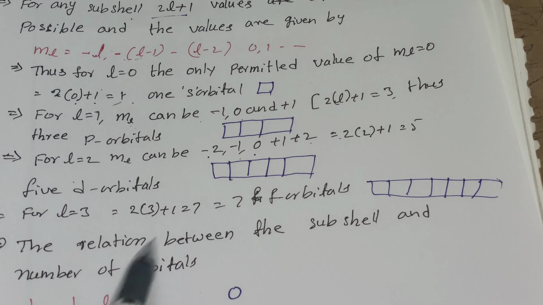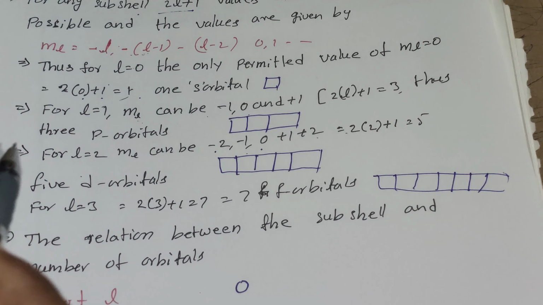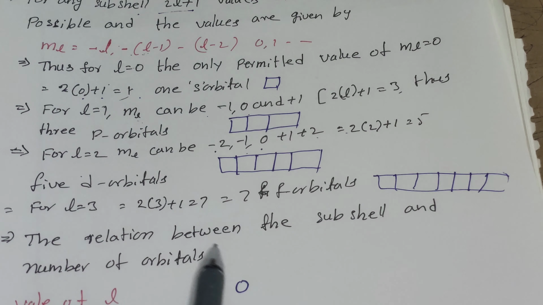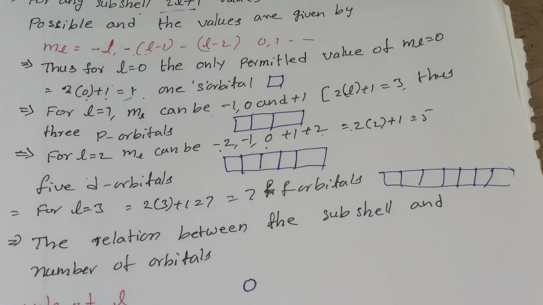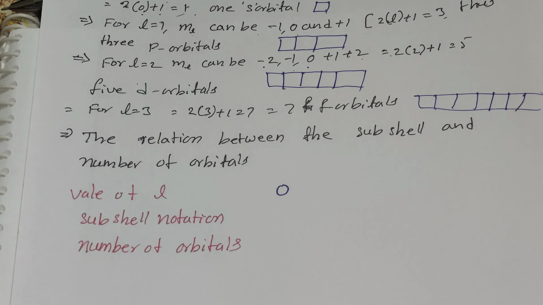So here I am explaining the relation between the subshell and the number of orbitals, that is, the value of l, the subshell, and the number of orbitals. L value equal to 0 is the s subshell, and the number of orbitals is only 1.